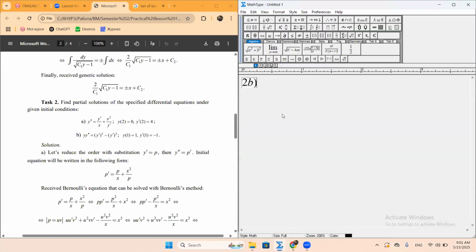So we will receive the following differential equation: y double prime equals y prime in power of 2, y prime square minus y prime cube.